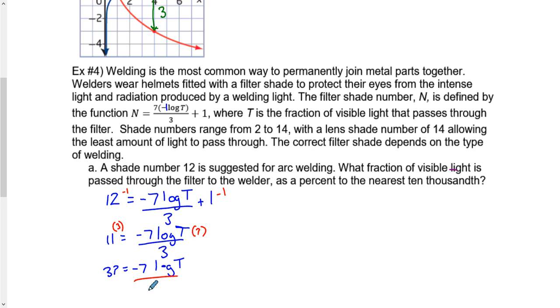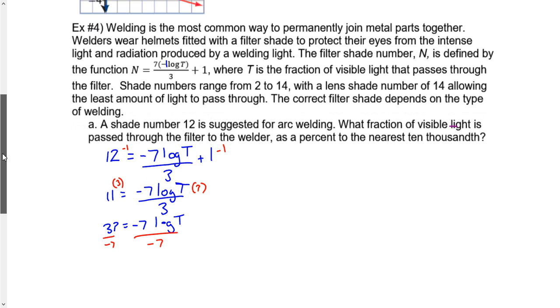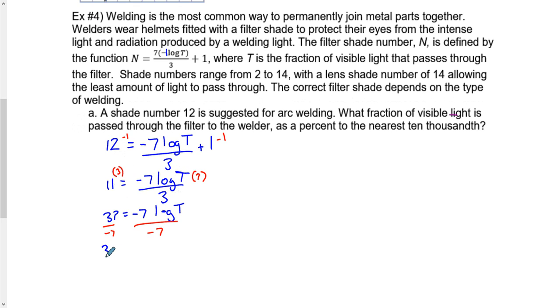Divide by the negative 7. Now I'm just going to leave that as 33 over negative 7, actually, I'm just going to put the negative in front: negative 33 over 7 equals log t. And make one further note that any kind of logarithm, if you don't have that base, it's always implied that it's a 10, because our number system uses base 10.